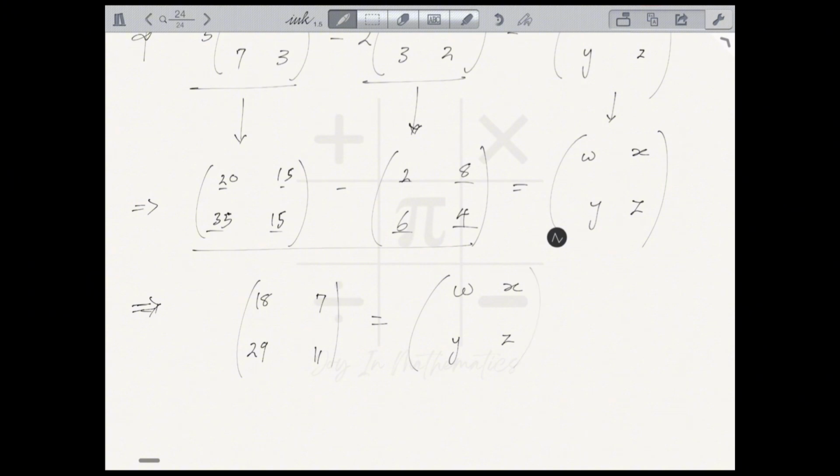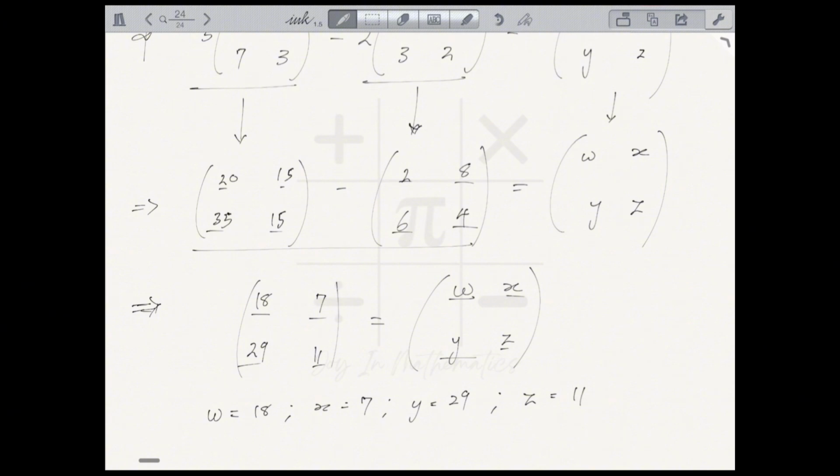Now with this done, in the principle of equal matrices, since the two matrices are equal, then the corresponding terms are equal. So we have w is equal to 18, x is equal to 7, y is equal to 29, and z is equal to 11.